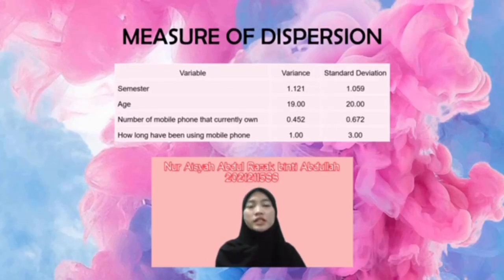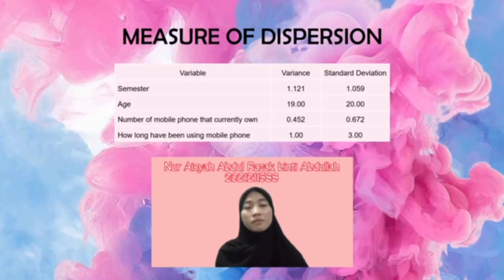The next one is the measure of dispersion. For variable semester, variance and standard deviation are 1.121 and 1.059. Apart from that, 19.00 is the variance for variable age and 20.00 is the standard deviation.